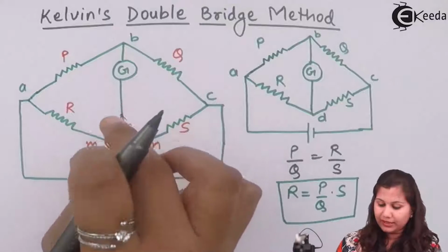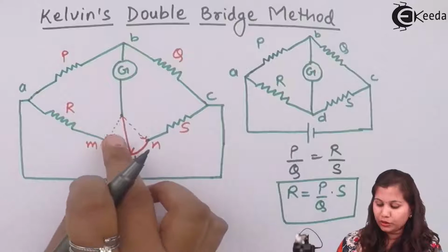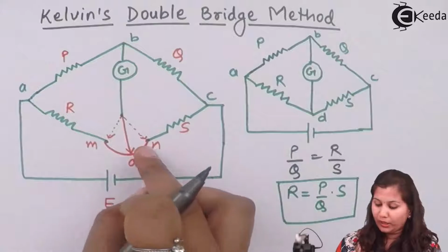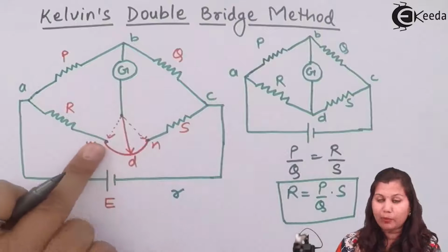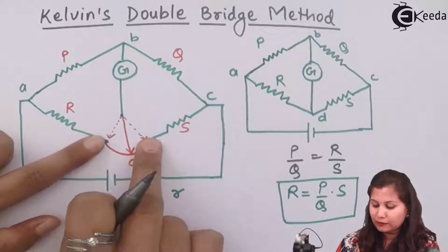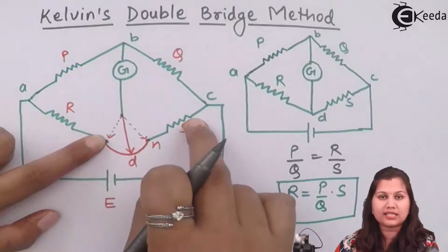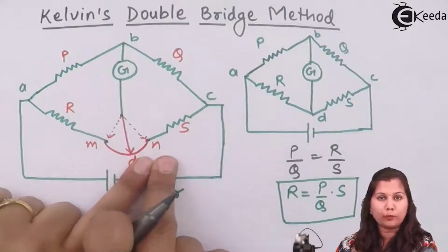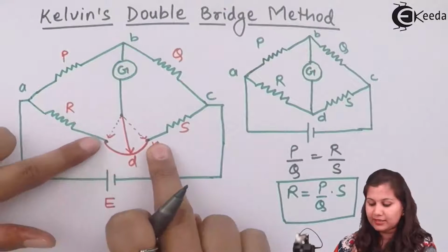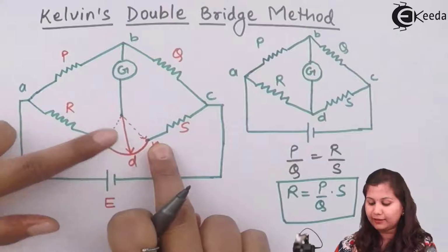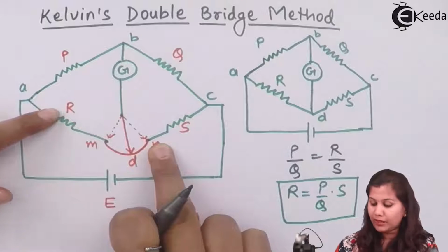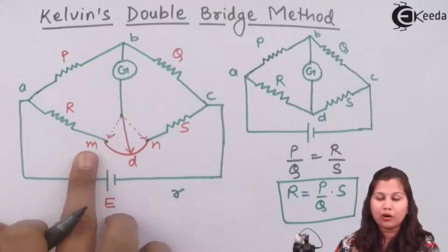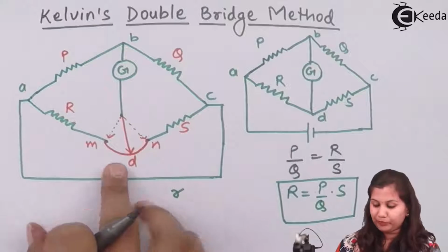This galvanometer can be connected to point M or to point N. When the galvanometer is connected at point M, the resistance of the connecting lead is added to the standard resistance. When the galvanometer is connected to point N, the resistance r of the connecting lead is added to the unknown resistance. So there are two connections for the galvanometer, either at point M or at point N.